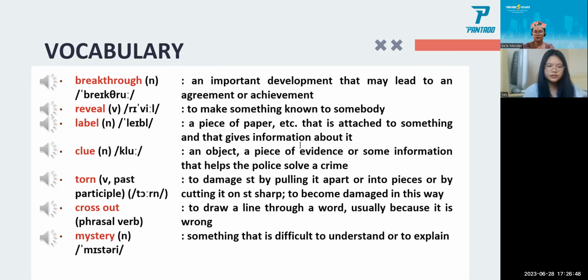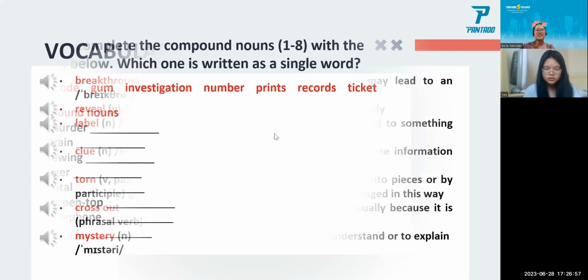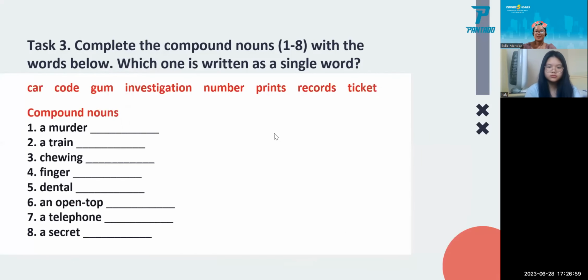The police can't find any clue. Very good. Okay, good job for that, Hallie. Great job. Now let's go complete the compound nouns. I think this is what you did in your homework, right? And by the way, your homework is perfect. Very nice. Good job for that.